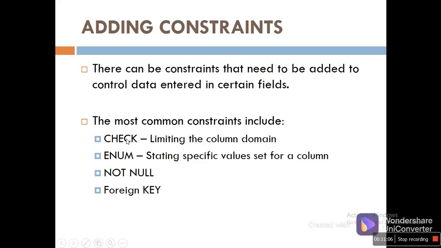And this check, we are saying that it limits the column domain. For example, you don't want the records in your table to exceed a given number. Maybe you have said that for a particular course you can only admit up to 100 students.